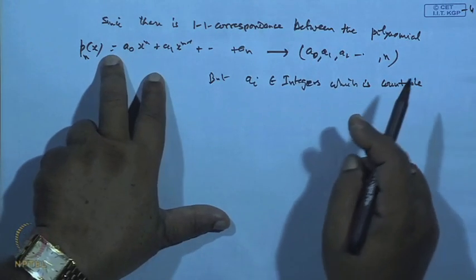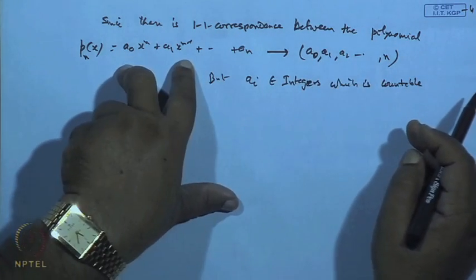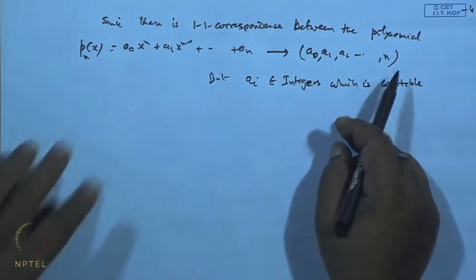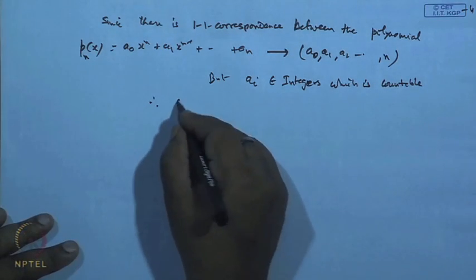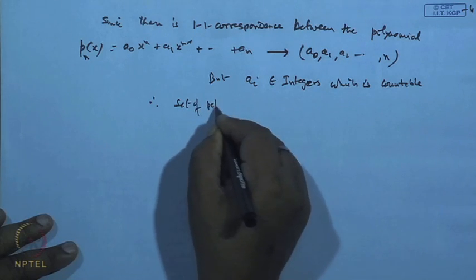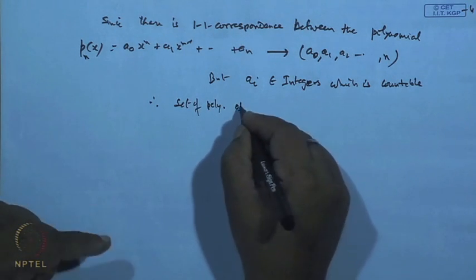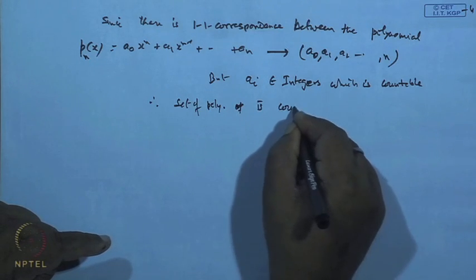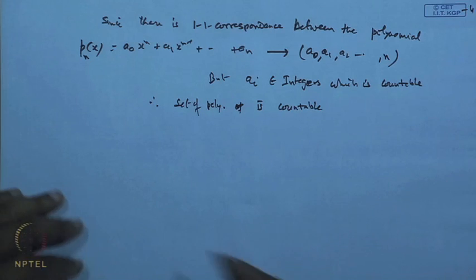And there is a one-to-one correspondence between the elements of this set and this. So, this collection will also be countable. So, this shows that the set of polynomials of degree n is countable. It's okay. Then algebraic numbers.